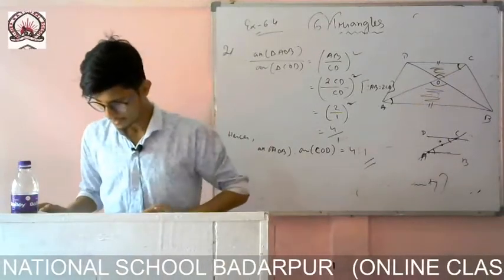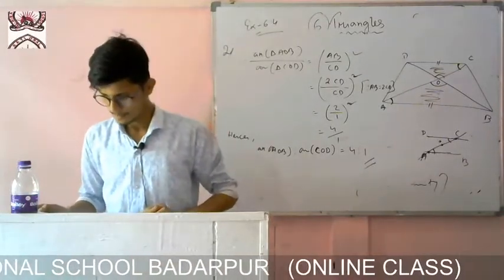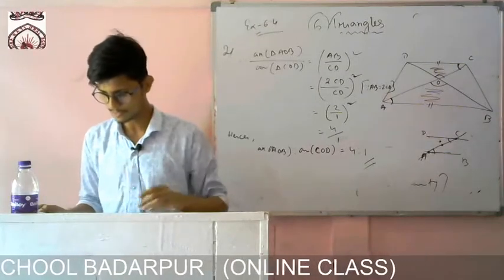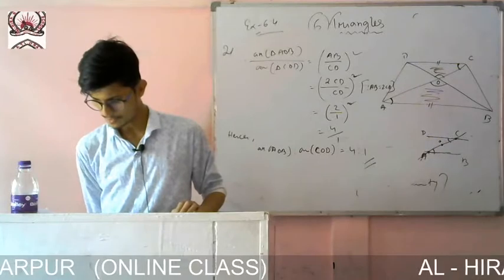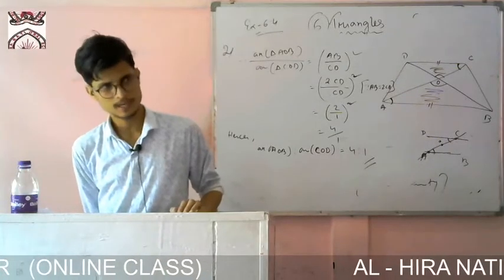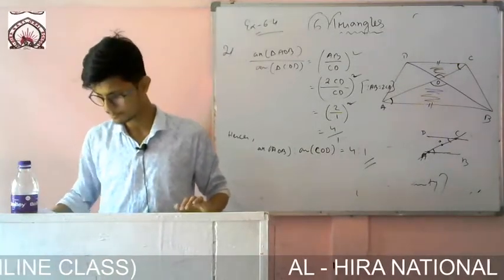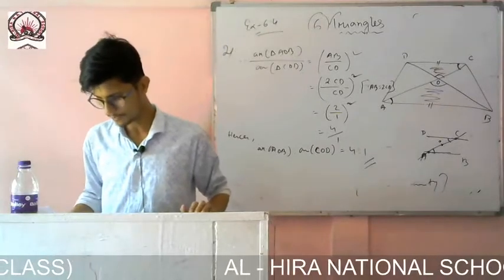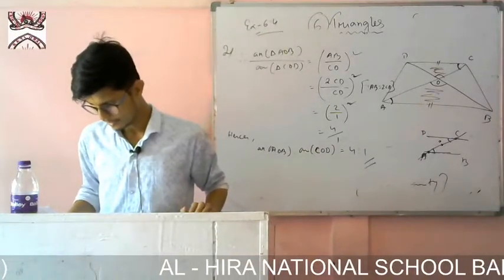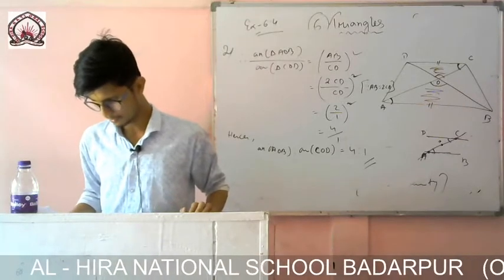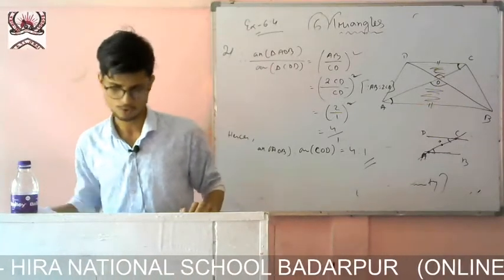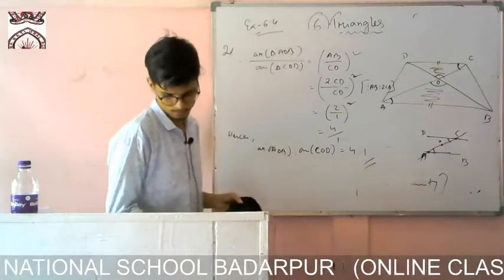Question number 3. In the figure, ABC and DBC are two triangles on the same base BC. The figure is given. If AD intersects BC at O, show that the area of triangle ABC by area of triangle DBC is equal to AO by DO. Okay, it is also the same as this one.